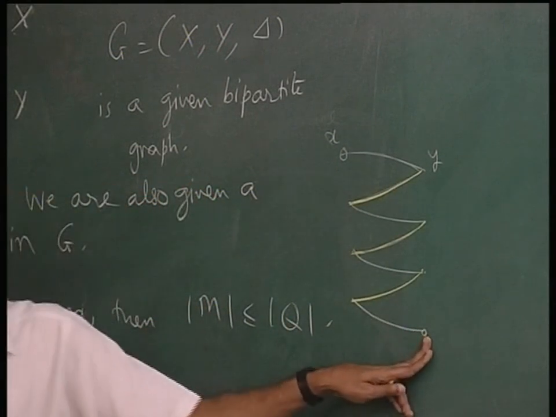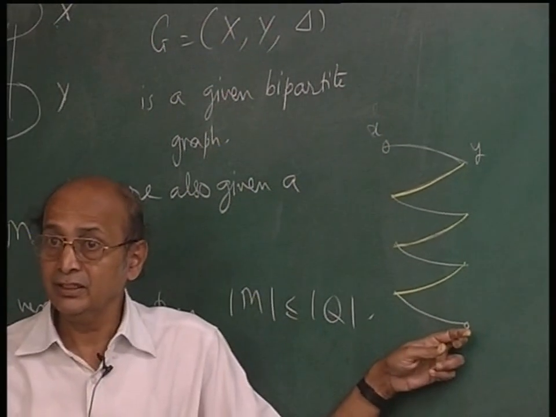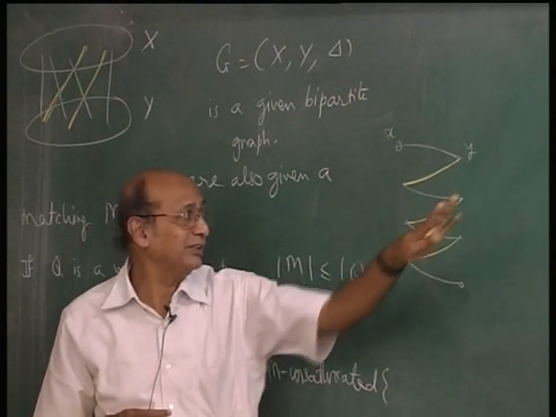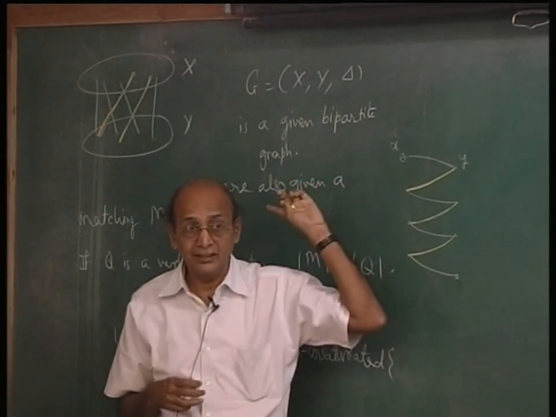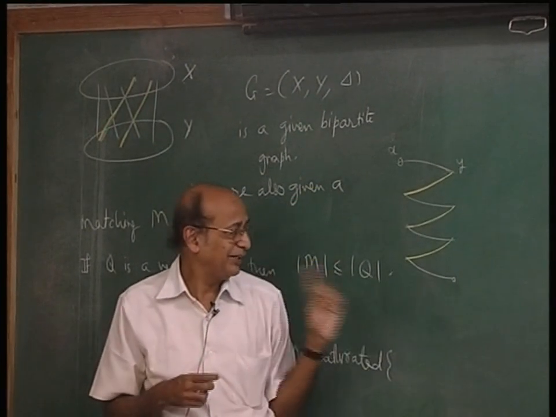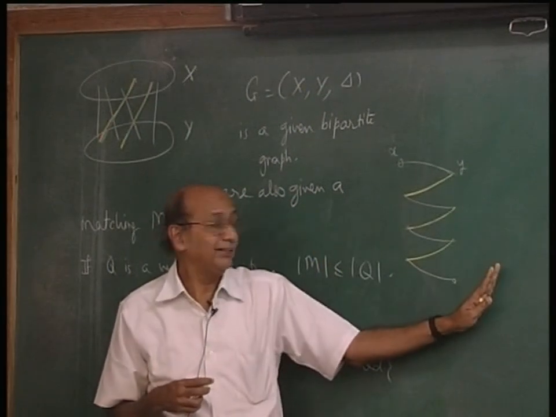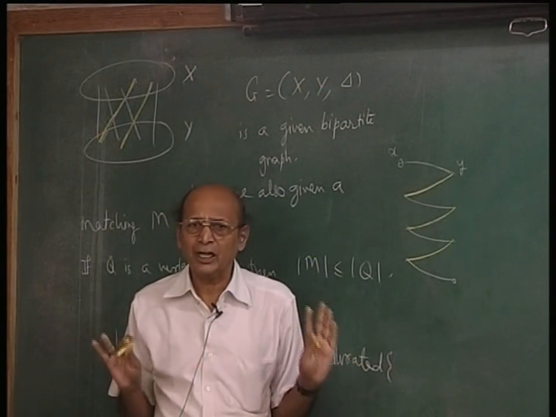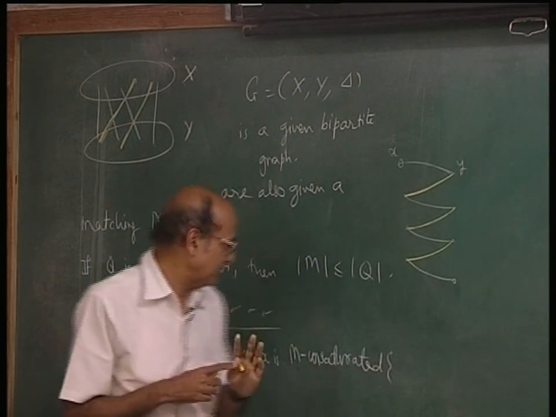Finally, if I get to a vertex in Y which is unsaturated, then the yellows can be replaced by the whites, and therefore you get a matching. Those 3 yellows can be replaced by 4 whites, to get a matching that has one more edge than what we started with. So as soon as you find a vertex on this alternating path in Y that is unsaturated, the algorithm will stop there and you revise this matching to get a new matching, etc.